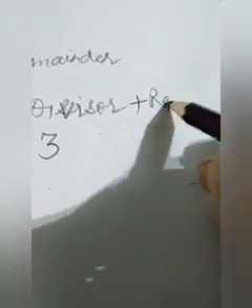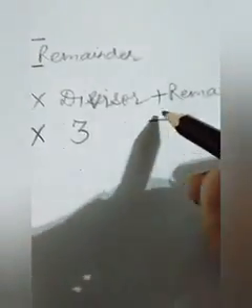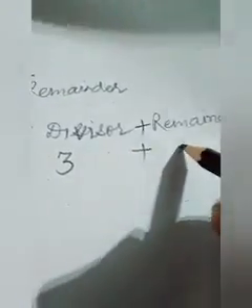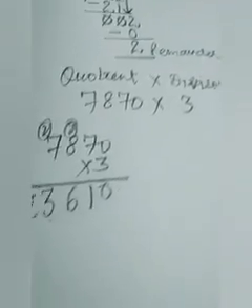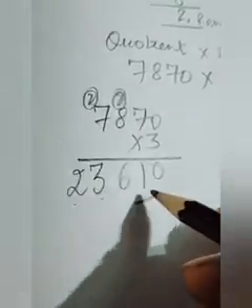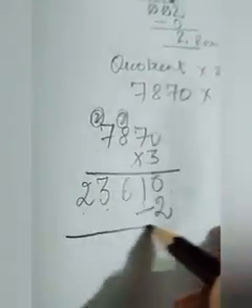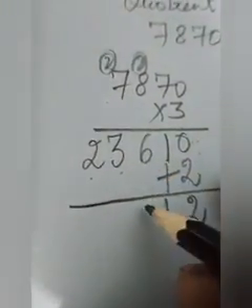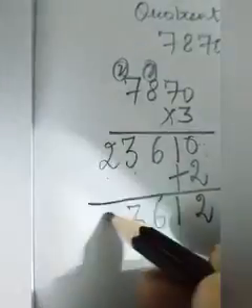Now what is the next step? Quotient multiply divisor, then we will add remainder. And what is the remainder? Here we can see 2 is the remainder in the sum. This remainder will be added in the product that we have already done. 2 will be added here. Here 0 and 2, 2. 1 will be written as it is. 6, then 3, then 2.